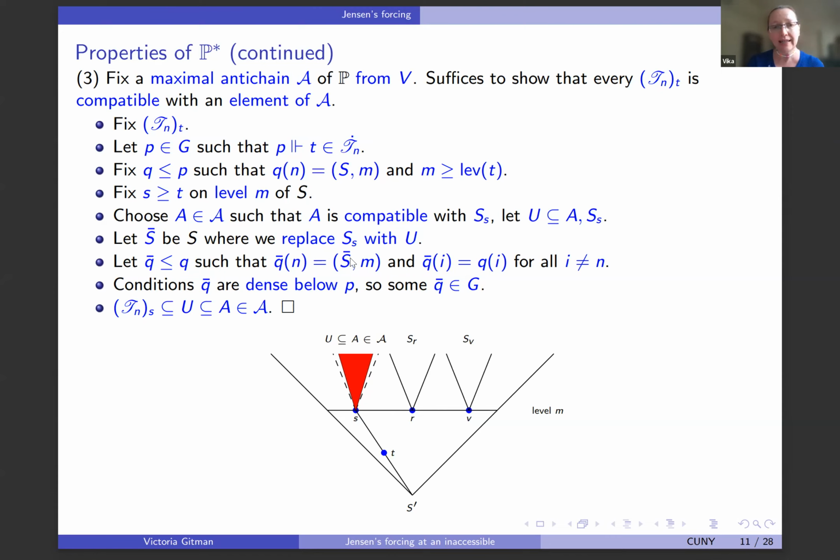Okay, but since these conditions are dense, one of them has to end up in the generic, and therefore we have verified our sealing maximal anti-chains property.